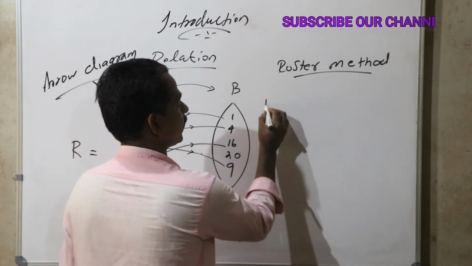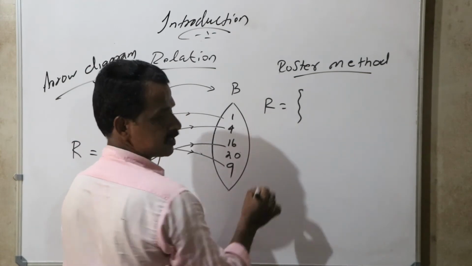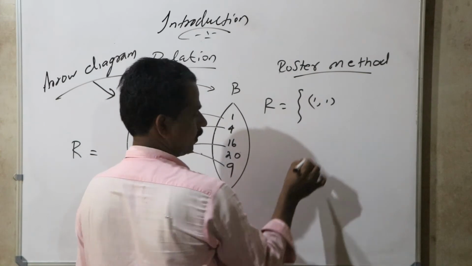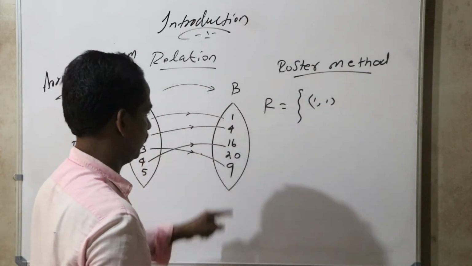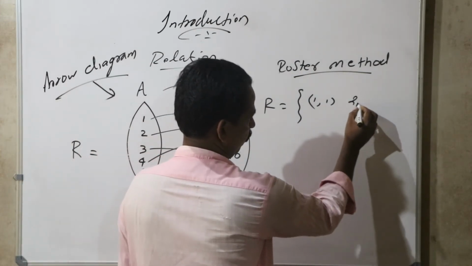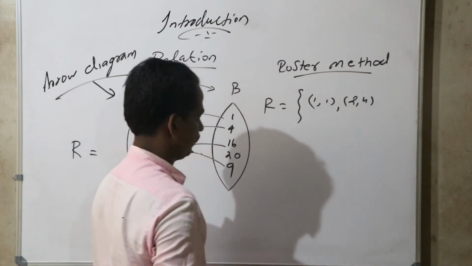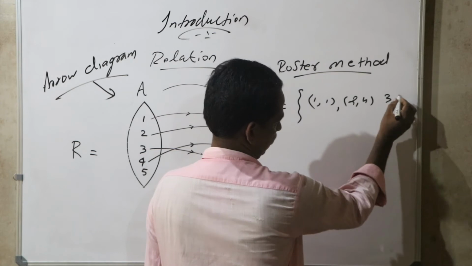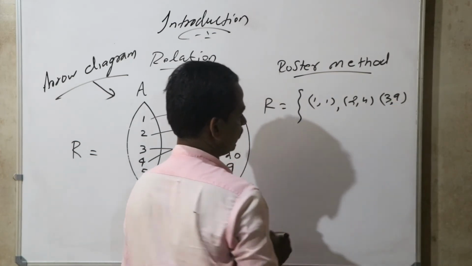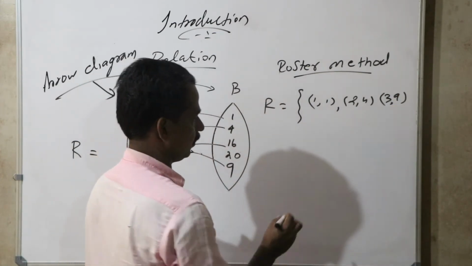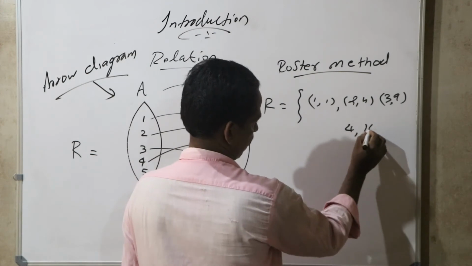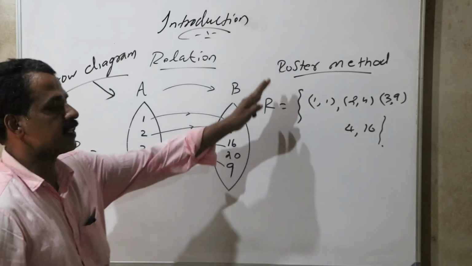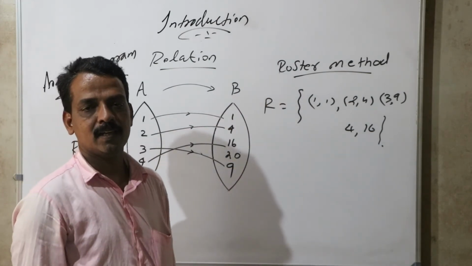In roster method, R is equal to set 1 1, 2 4, 3 9 and 4 16. This is the roster method.